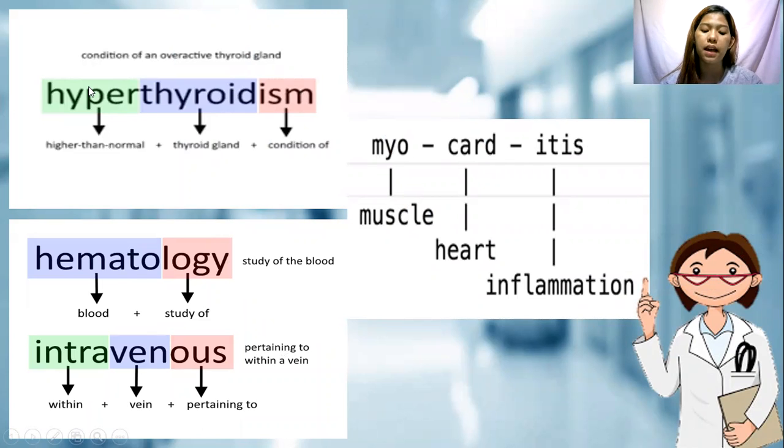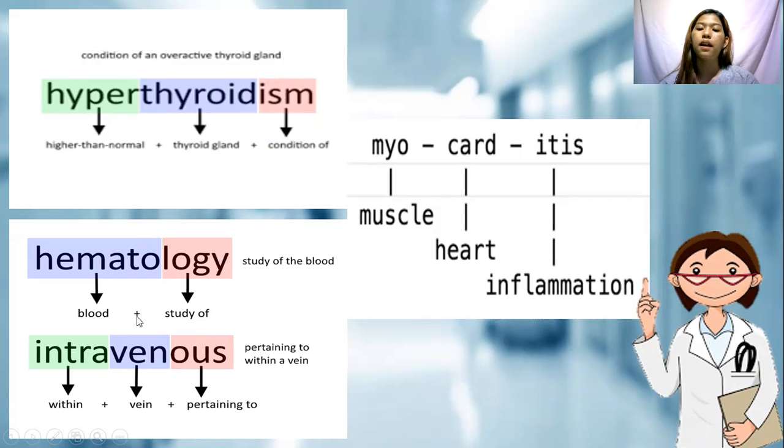The prefix is hyper, the root word is thyroid, and the suffix is ism. Hyper means higher than normal. Thyroid means thyroid gland. Ism is condition of. If you combine that, it means the condition of a higher than normal state or abnormality of a thyroid gland.